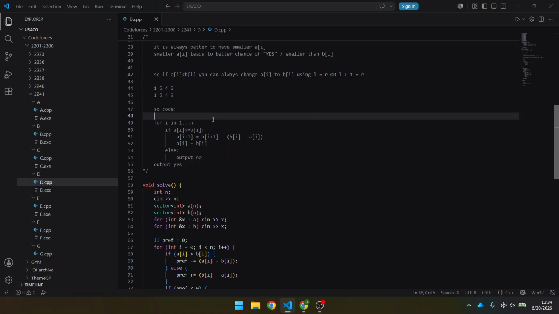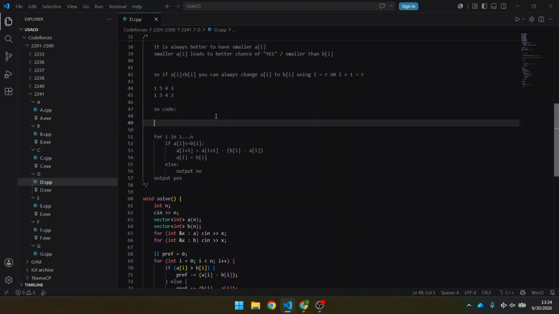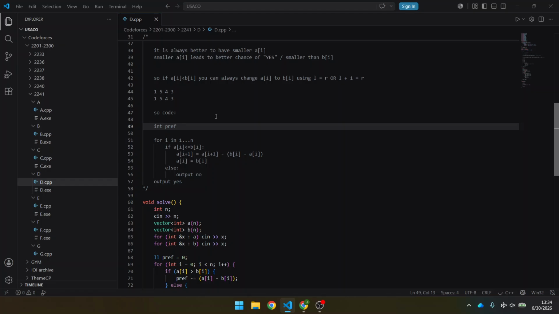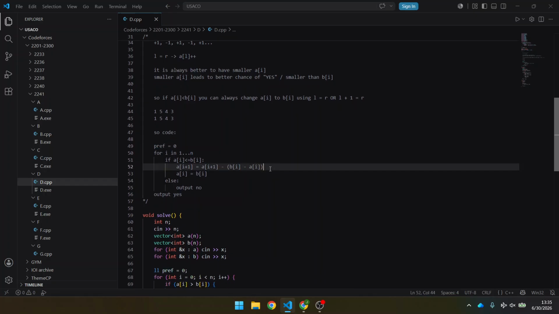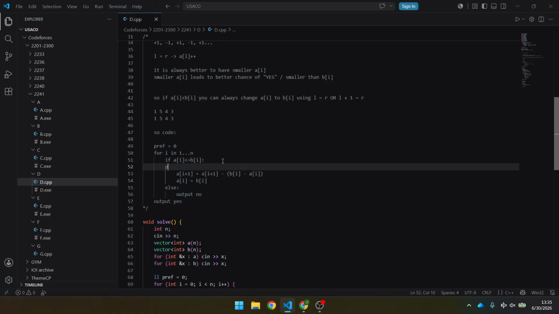Oh, yeah, this code works also. But what I did was I just used a prefix. So pre is the number of times we use minus. So over here, instead of this, we'll just do pref plus equal to bi minus ai.